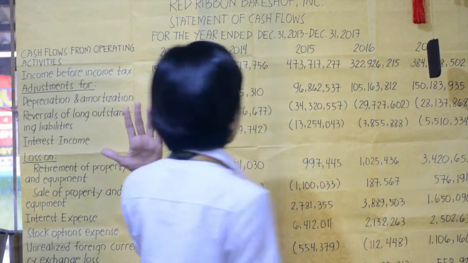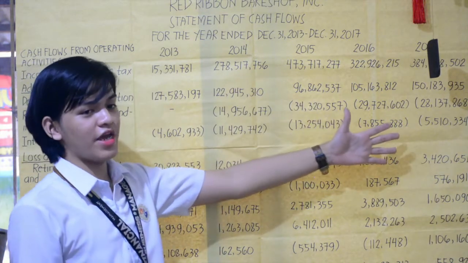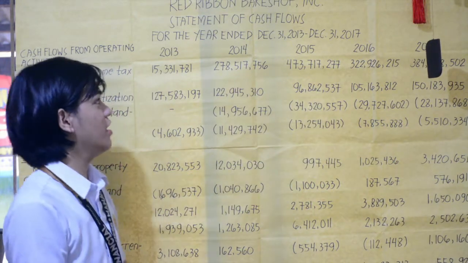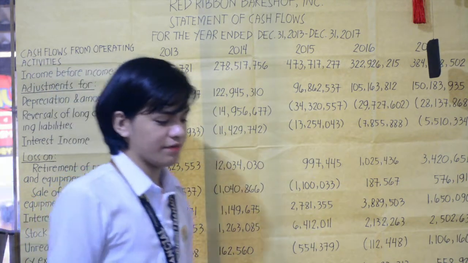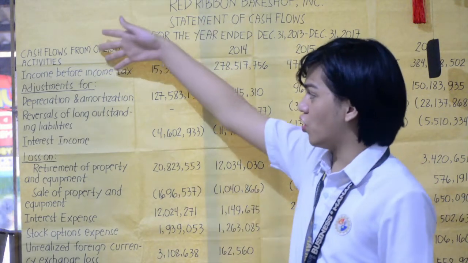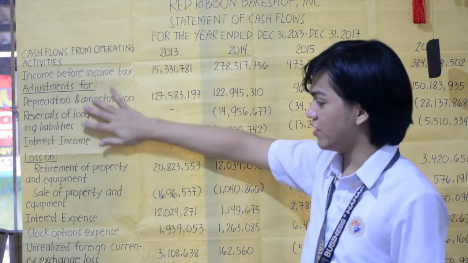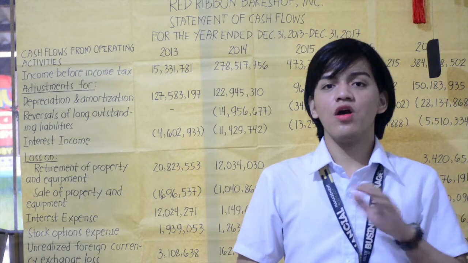And the next columns are the 5-year accounting cycle of the given entity, from the earliest year up to the latest year. In operating activities, we should add all these account titles to get the operating activities of the company.